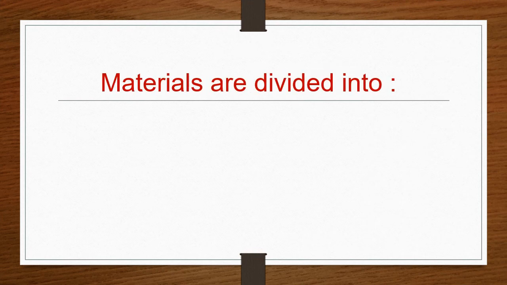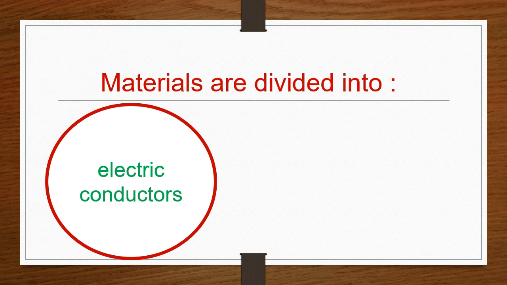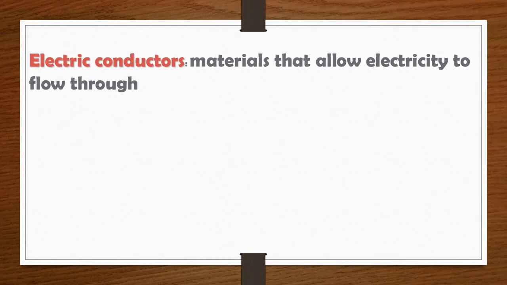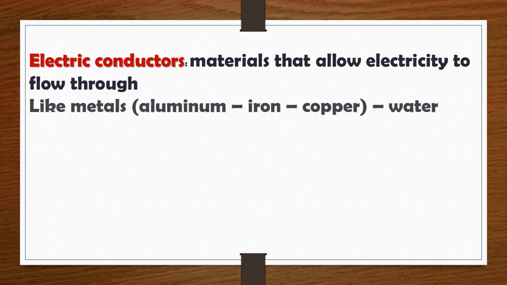Materials are divided into electric conductors and electric insulators. Electric conductors are materials that allow electricity to flow through, like metals, aluminium, iron, copper, and water.